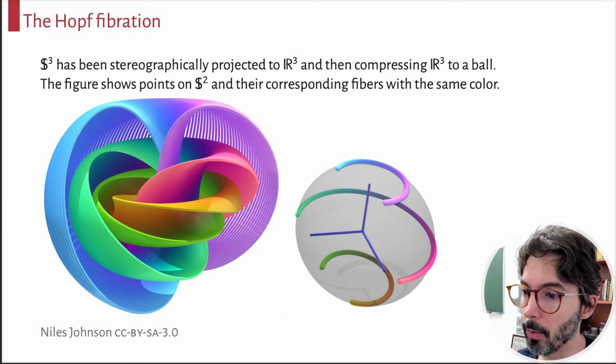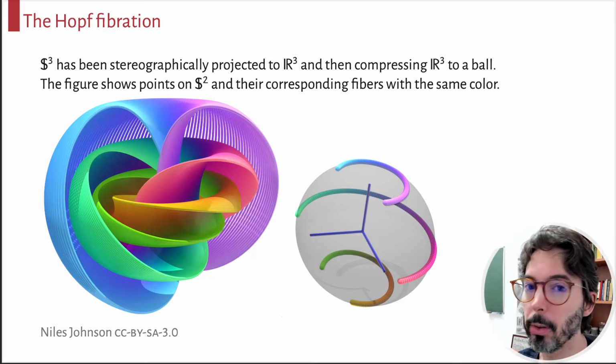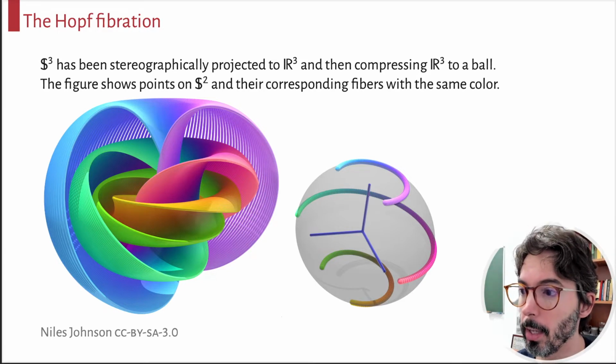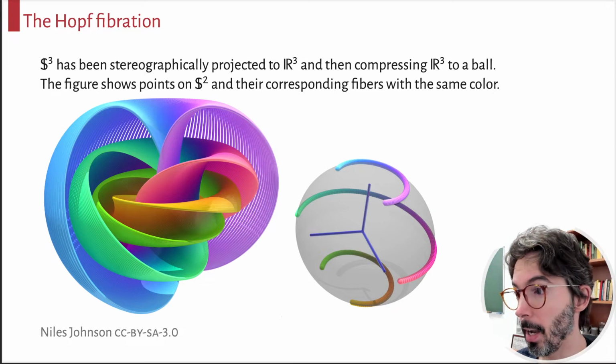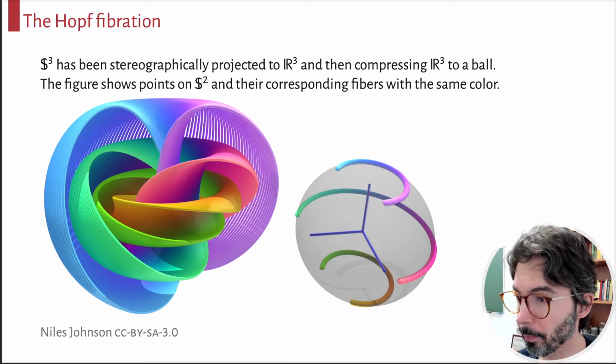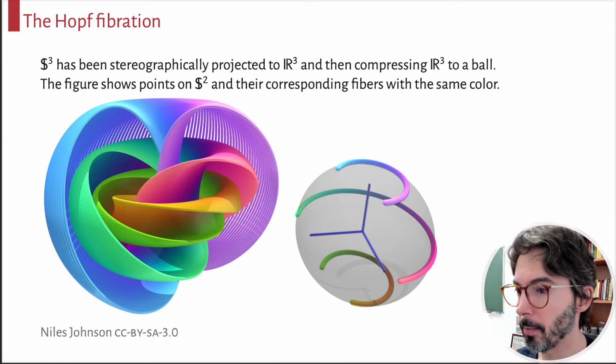And on the right hand side, for each point in the two-sphere, we see on the left hand side the corresponding fiber with the same color. Hence, for instance, if we consider a parallel in the two-sphere on the right, then we get a Hopf torus on the left. The picture of the torus is not complete.